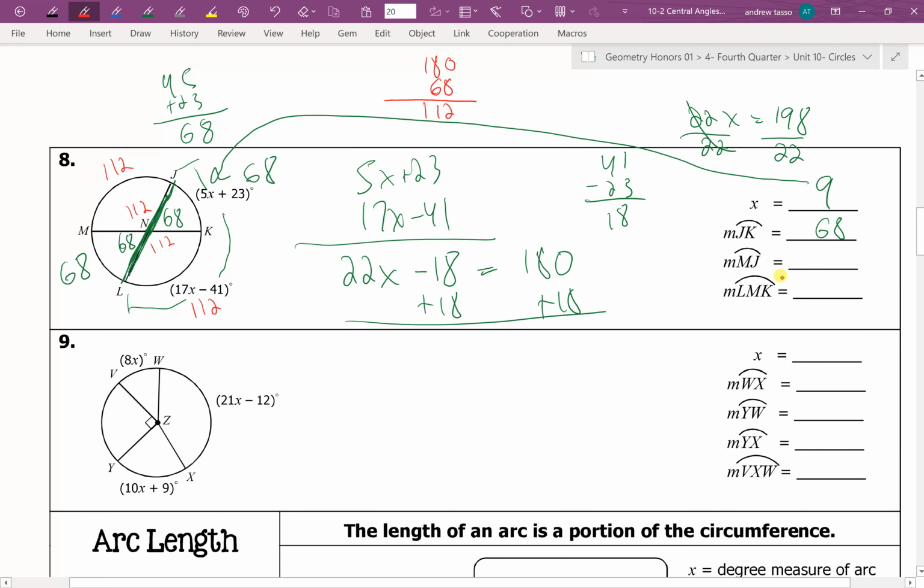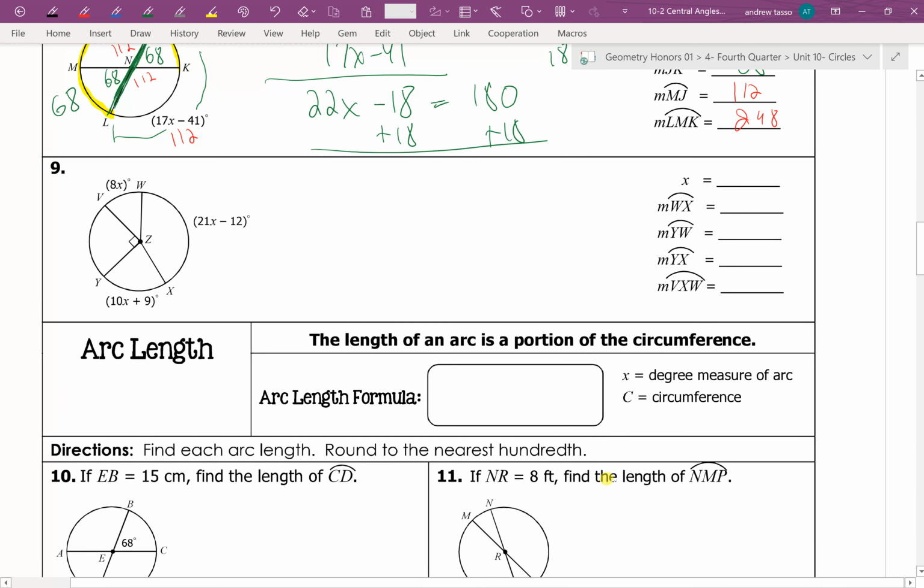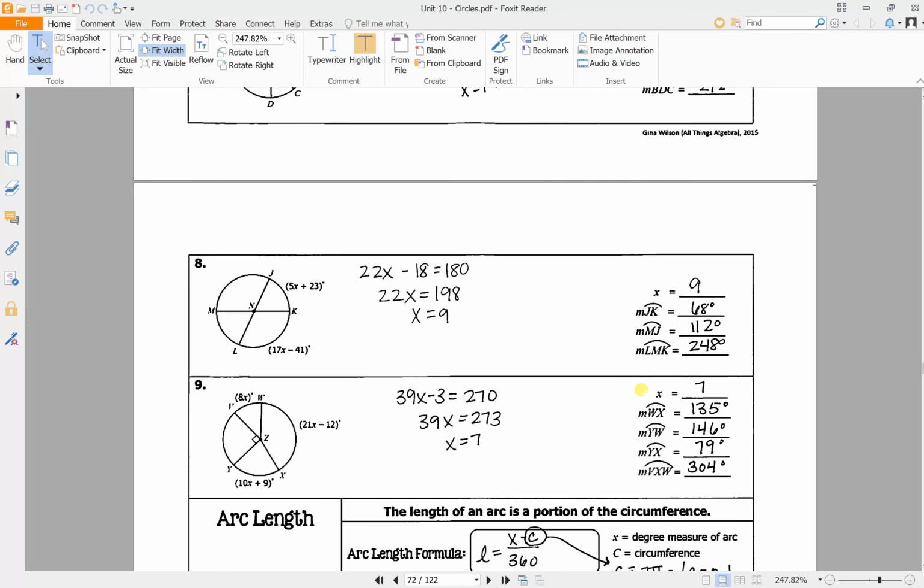So arc MJ is 112. Arc LMK, starting with L, going to M, going around to K. So notice it's 180 plus an additional 68. So that's going to be 248 degrees. Okay. And for number 9, it's more of the same, but here I'll just post up the answer, which is this here. Okay.